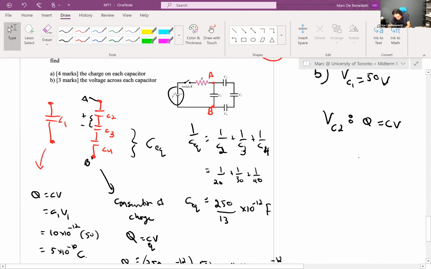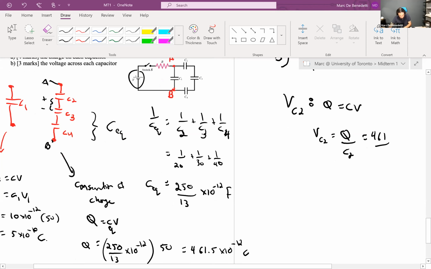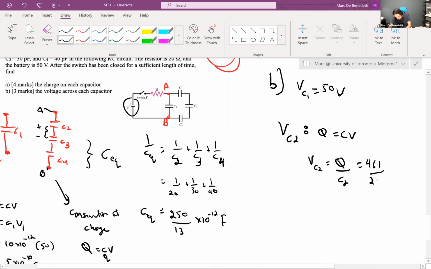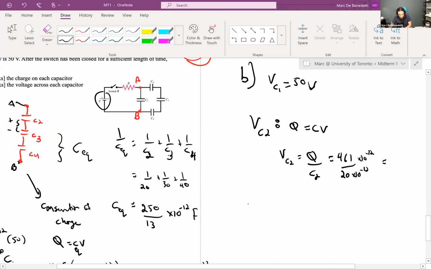So we can solve for the voltage on C2, and it's going to be the charge divided by C2, the capacitance. If you plug that in, you're going to get something like 461 divided by 20 picofarads, and I think that's something like 23 volts.